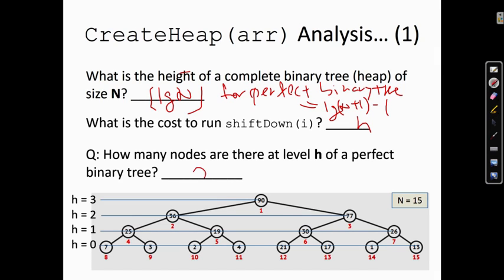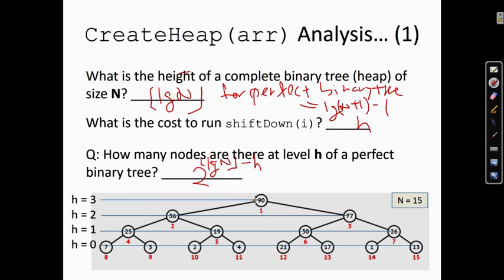Is it 2 to the power of floor of log n minus h? Is this correct? 2 to the power of floor log n minus h. Let's try.